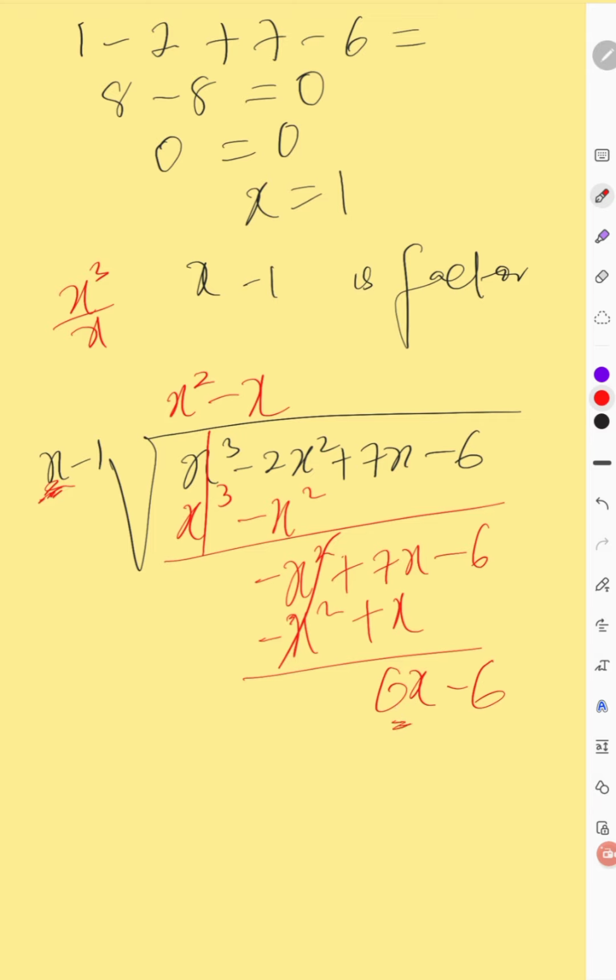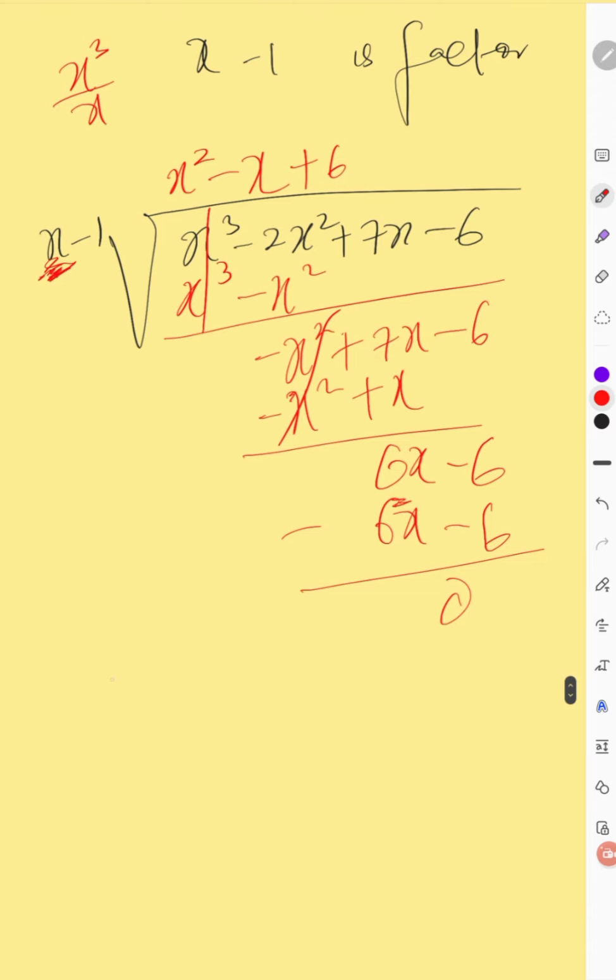You still bring down the 6x again and divide it by the x. 6x divided by the x here will give us 6. You write your 6. 6 times x is 6x, and 6 times minus 1 is minus 6. When you subtract everything, you are getting 0.